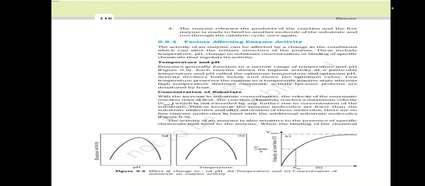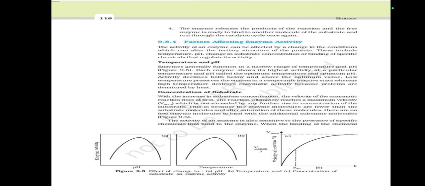Concentration of substrate. With the increase in substrate concentration, the velocity of enzymatic reaction rises at first. The reaction ultimately reaches a maximum velocity, Vmax, which is not exceeded by any further rise in concentration of the substrate.